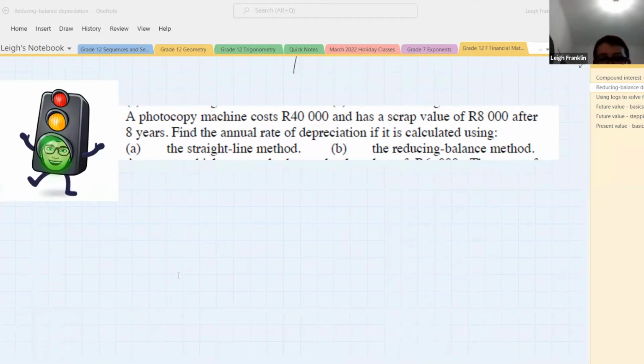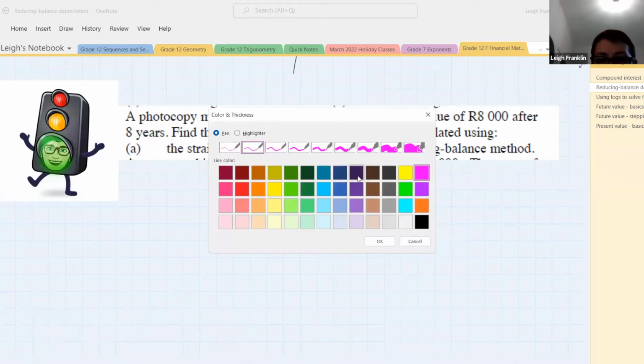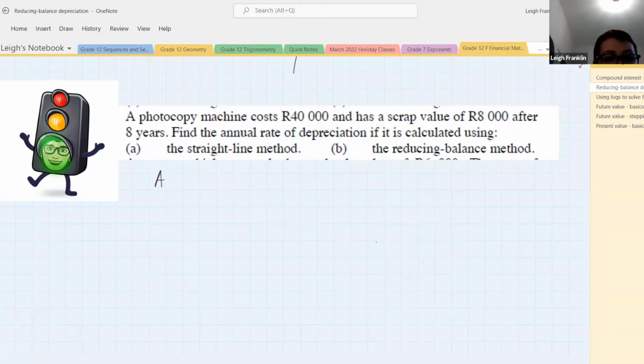I'm going to give you an opportunity to work this out yourselves. I'm just going to write the formulae here so that you don't have to go hunting for them. With a straight line, it's A equals P(1 minus in). And here, A equals P(1 minus i) to the power of n.